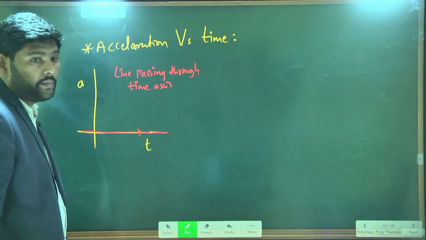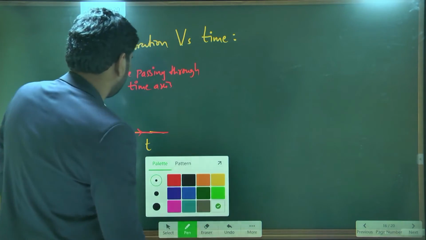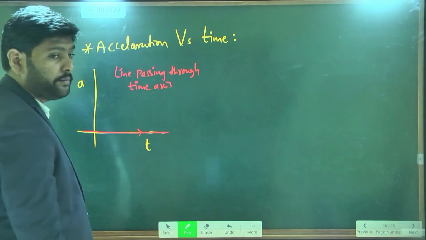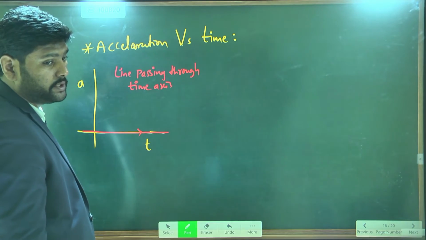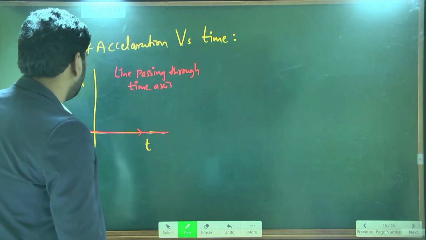Line passing through the time axis, what does it represent? The body is at rest.